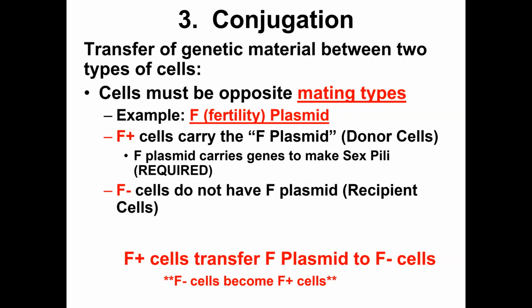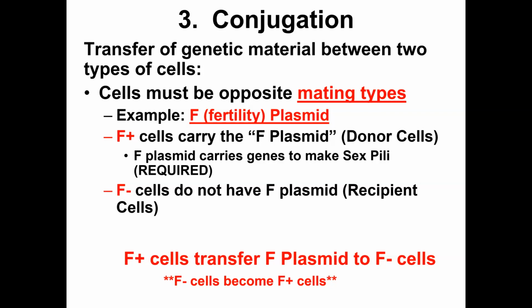So the classic example of mating types involves a specific plasmid called the F plasmid, or fertility plasmid. All right, so why does this F plasmid matter? Why is it called the fertility plasmid? This plasmid carries the genes for conjugation. The plasmid itself has the genes to make the sex pili.